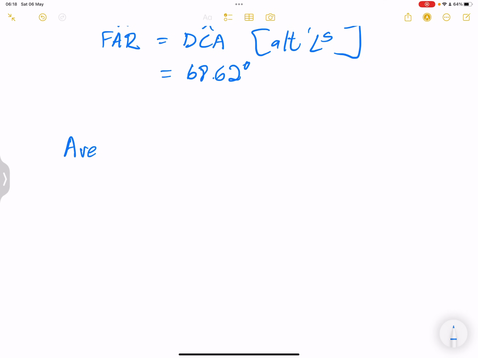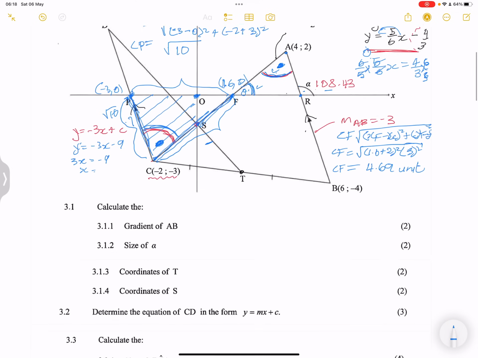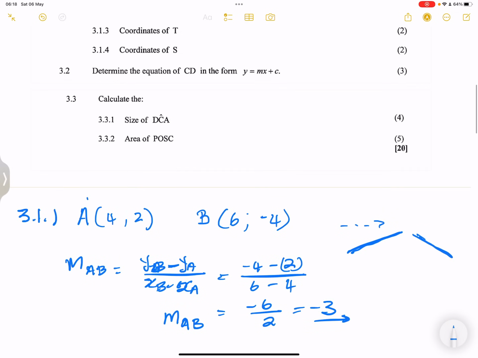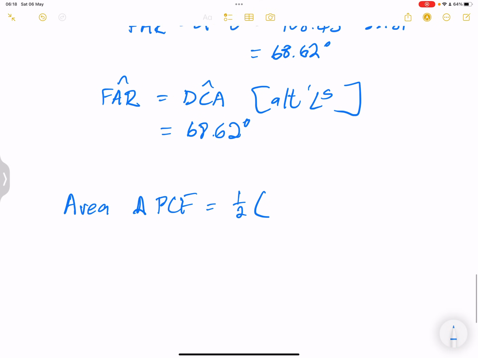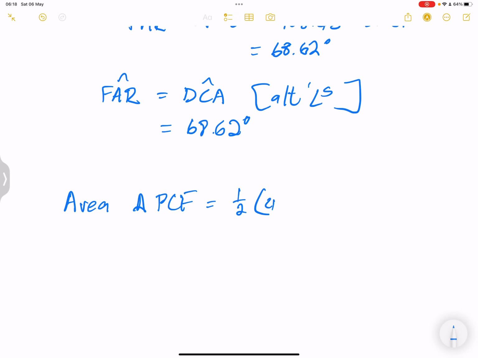So the area of triangle PCF, that's going to be half of CP and CF, the sine of the included angle, which in this case we said is angle DCA.